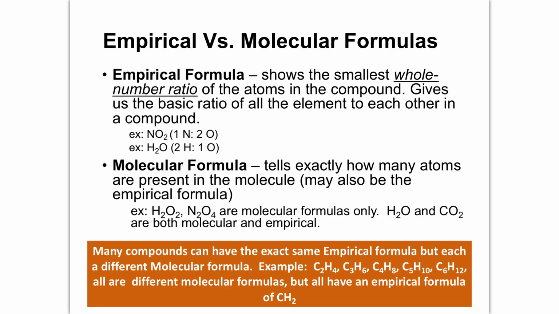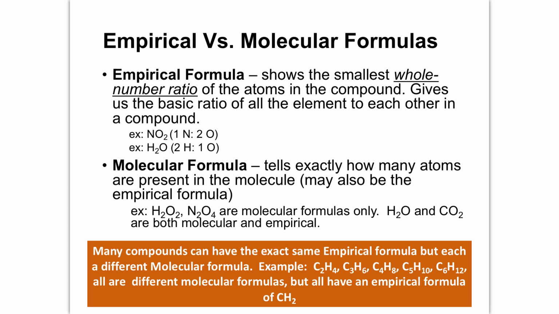So the difference between the two formulas is this. The empirical formula shows you the smallest whole number ratio of atoms in the compound. You can think of it this way: it cannot be further reduced to a smaller whole number ratio. So for example, we're going to look at these two compounds here, NO2 and H2O.